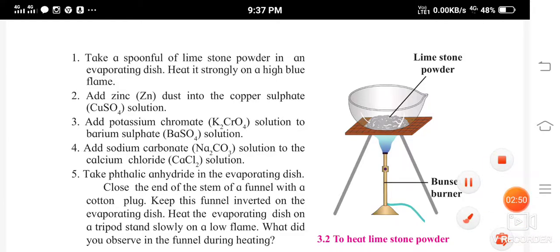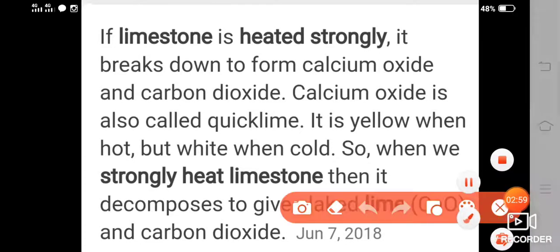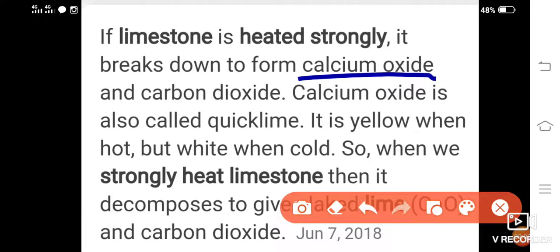Now see what observation is seen. If limestone is heated strongly, it breaks down to form calcium oxide and carbon dioxide. So CaO plus CO2. Now calcium oxide is also called quick lime.